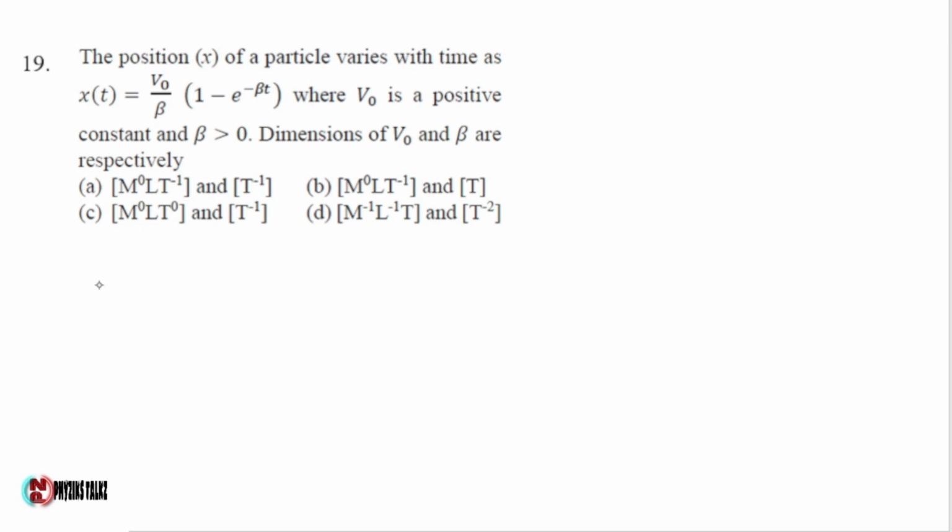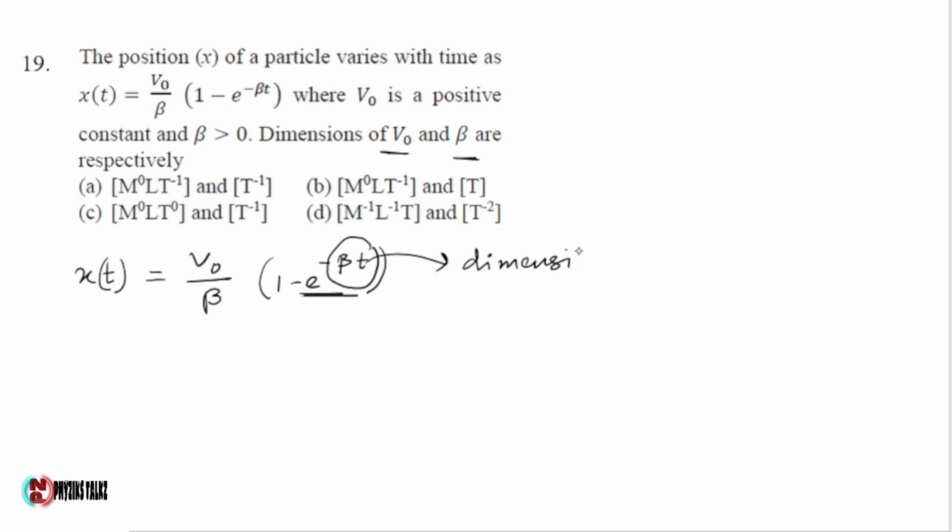Next question. The equation is given by x of t equals v0 by beta, 1 minus e to the power minus beta t. We have to find the dimensional formula of v0 and beta. Now the exponential function is a dimensionless quantity, and the power is also dimensionless. So beta t is dimensionless, so beta equals 1 by t, or beta equals t inverse.